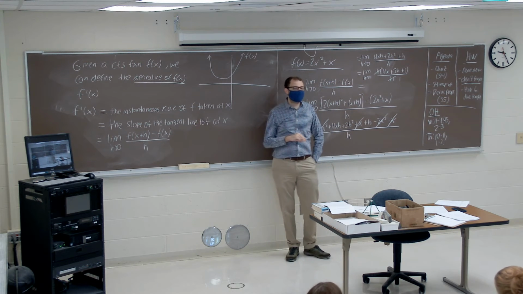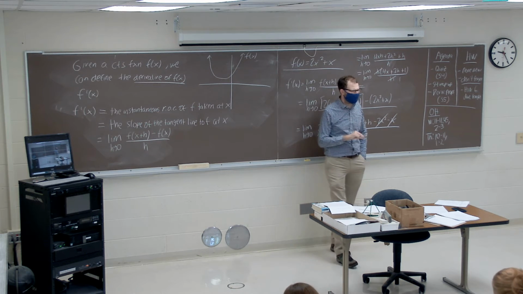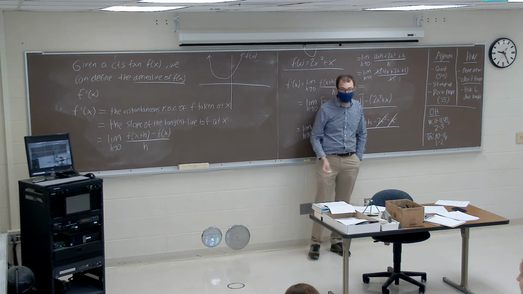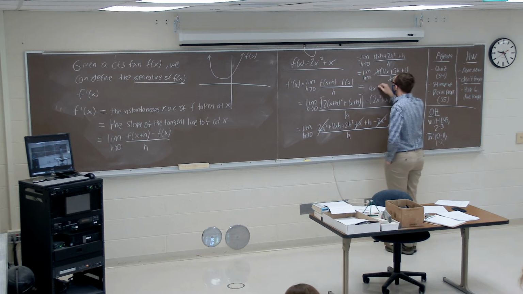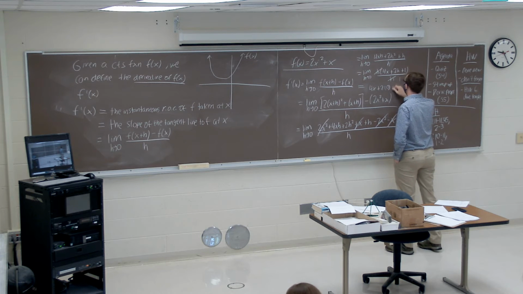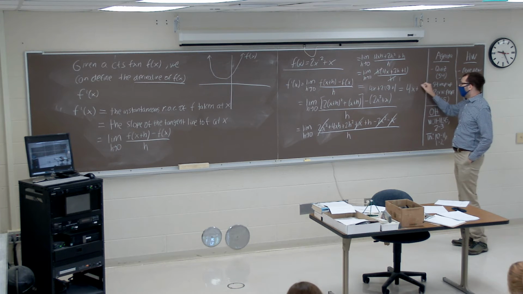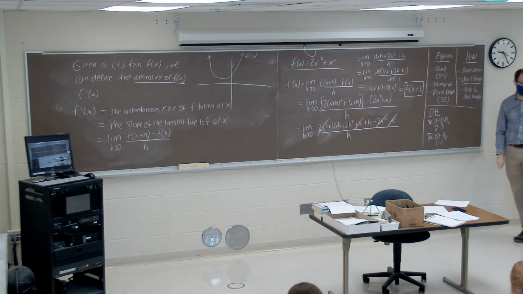And if we take a limit as h goes to 0 of what's left, what is that going to come out to? It's going to come out to 4x plus 2 times 0 plus 1, which is going to give us in the end 4x plus 1 as our final answer.